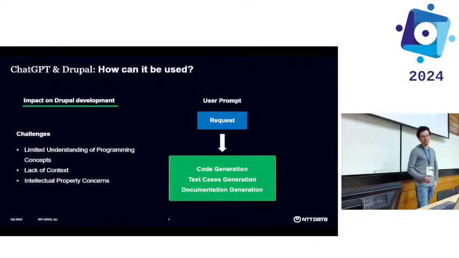You just have your prompt, you make a request, you want it to solve a problem, and you write your prompt as detailed as possible, trying to pass all of the details that you have, and you get an answer.